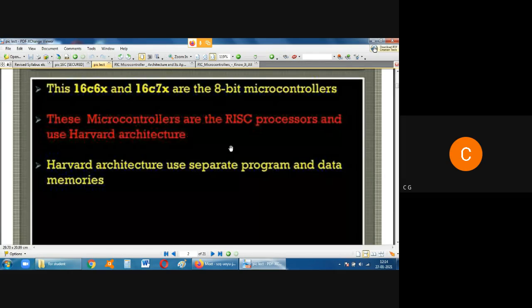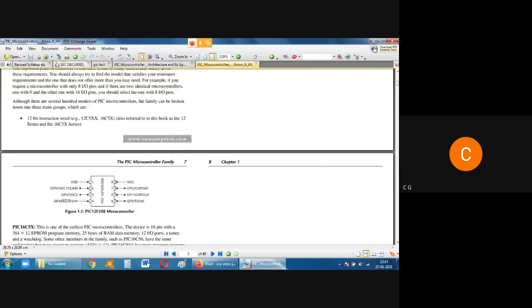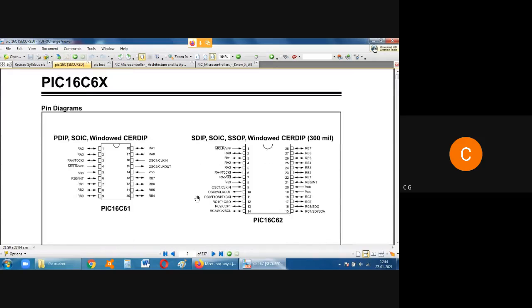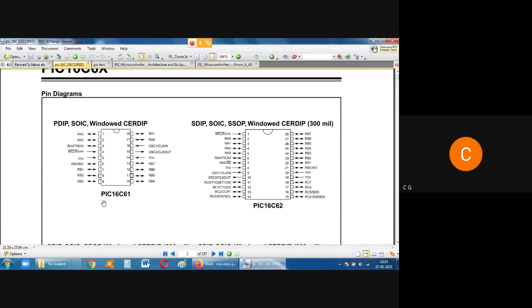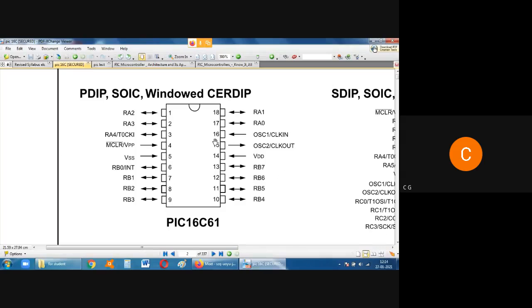Okay, and 18 pins. The 16C61 PIC microcontroller is having only 18 pins. I will show you somewhere. I have it. Okay. So if you see this, PIC 16C61, sorry, not 16, 18 pins only.